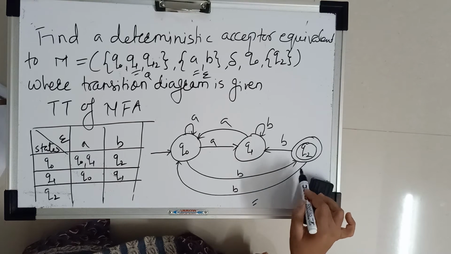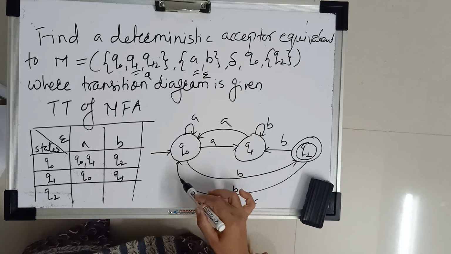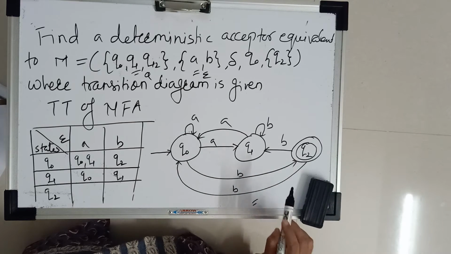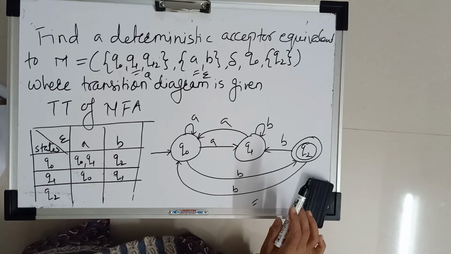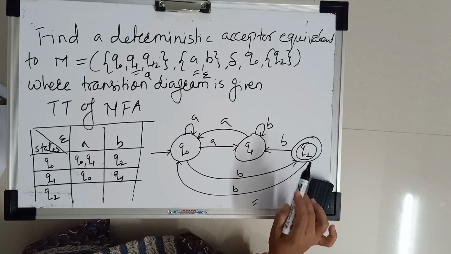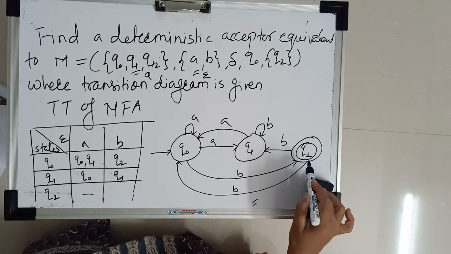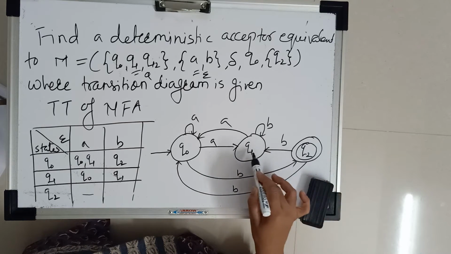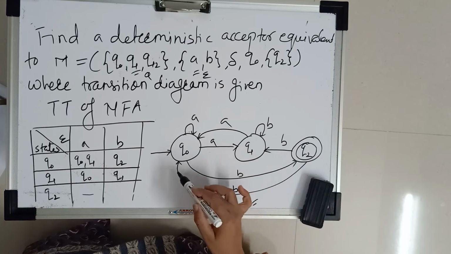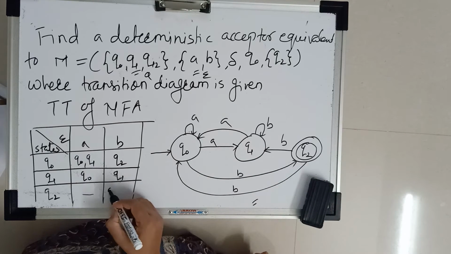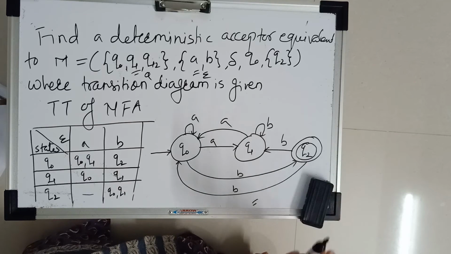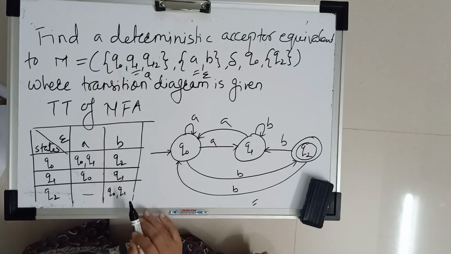There is only one transition from Q2, for the B column entry, but there is no transition for A from state Q2. It means no entry is given, so we'll write a dash. But for B, Q2 goes to Q1 and Q2 goes to Q0. It means again there are two next states from Q2 for B. So this is our transition table of the NFA.